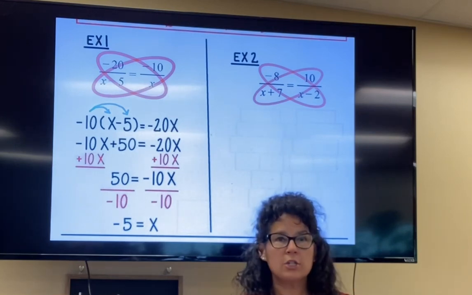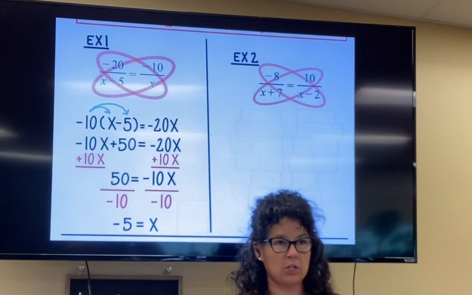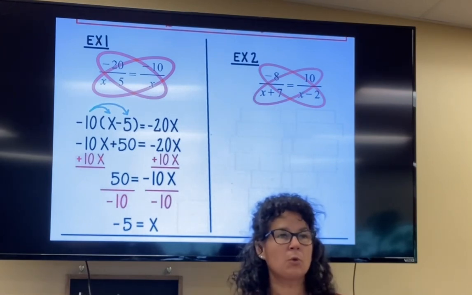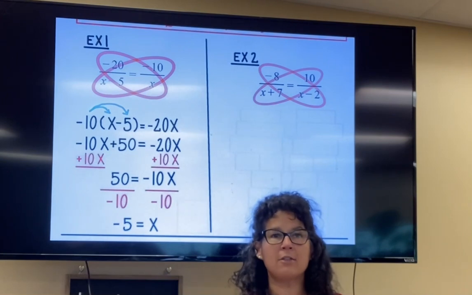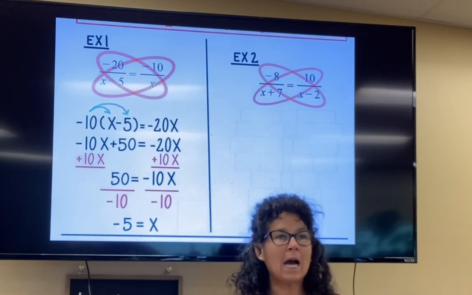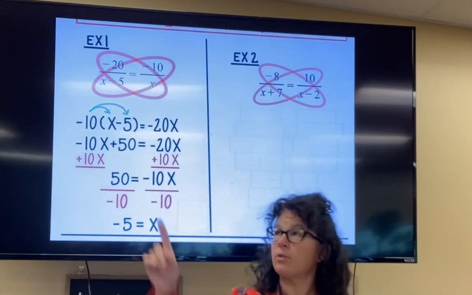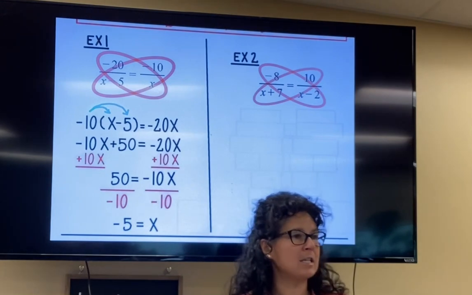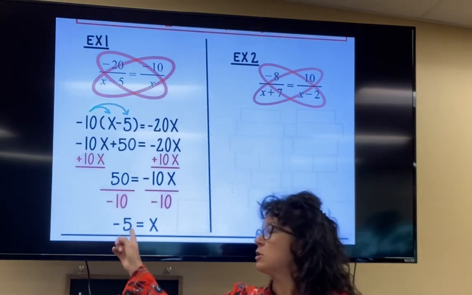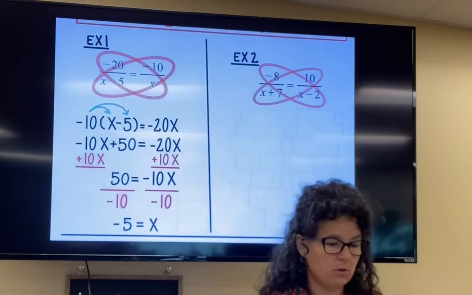But in equations that have an x or a variable in the denominator of the fraction, then you've got to check the answer because you're worried that if you substitute this back into the original, you can't divide by 0.